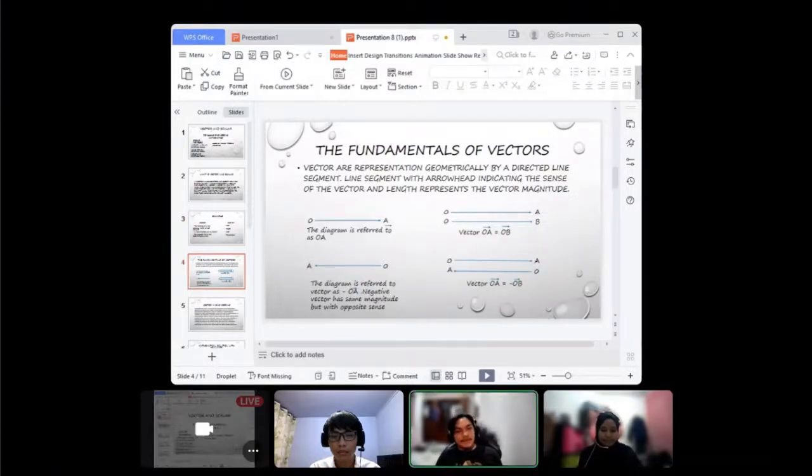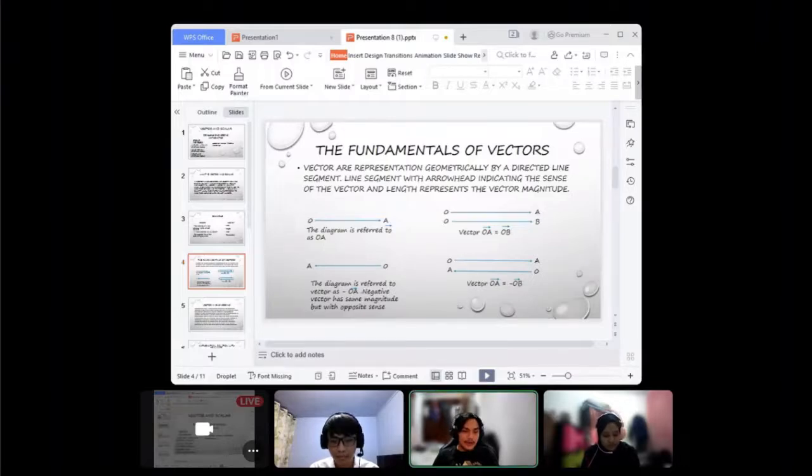For the fundamentals of vectors, vectors are represented geometrically by a directed line segment, a line segment with an arrowhead indicating the sense of the vector, and the length represents the vector magnitude. In the first example, the diagram is referred to as OA, where the arrow represents the sense of the vector.